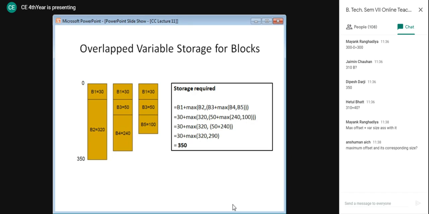So if we are having B1, B2, then it totals up to 350. If we are having B1, B3, B4, then also it is fine, right? If we are having B1, B3, B5, then also it can be accommodated in 350 units of memory that we have allocated. So we will always go for the maximum so that all the possibilities of different invocations can be satisfied. Are you all getting this, all of you? Okay, moving ahead.